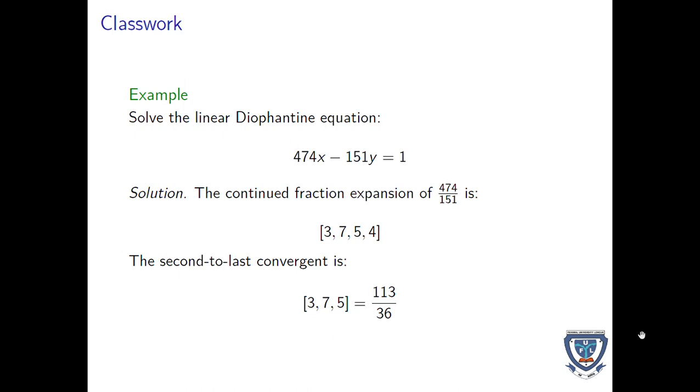Solution: the continued fraction expansion of 474 over 151 is [3, 7, 5, 4]. However, the second to last convergent is [3, 7, 5], which will give us 113 over 36.